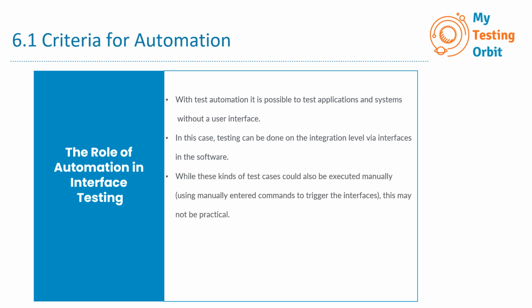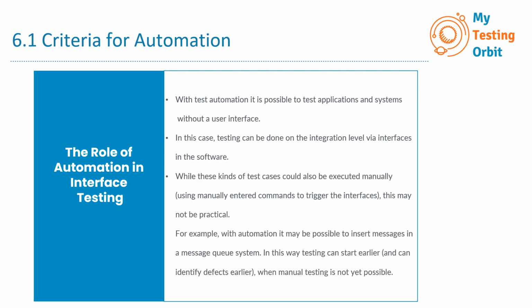While these kinds of test cases could also be executed manually, using manually entered commands to trigger the interfaces, this may not be practical. This is mainly because it can be really complicated and there are a lot of interactions that need testing. Now, an example is given over here.